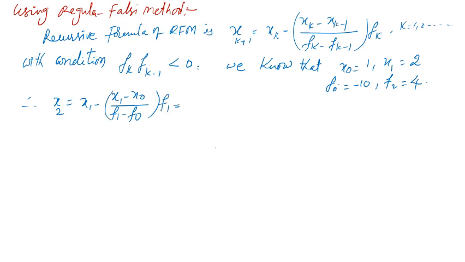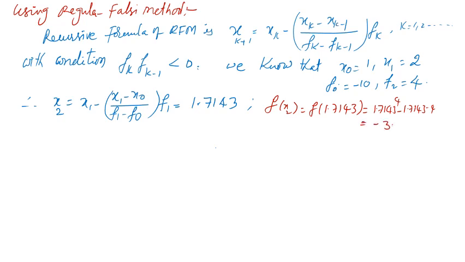After substituting the entire values, we are getting 1.7143. Now I will write f of x2 value, that is f of 1.7143. Substitute in the equation: 1.7143 to the power of 4 minus 1.7143 minus 10. This entire value is minus 3.0776, negative.